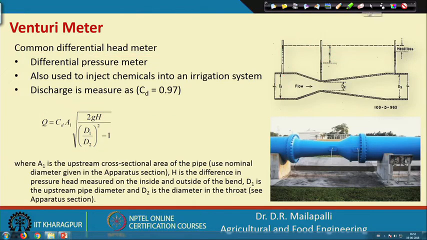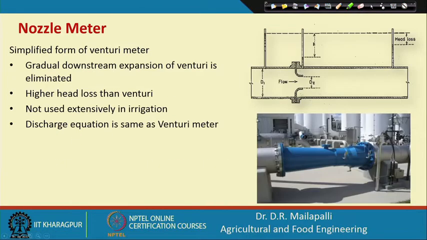The next pipe flow measuring device is the nozzle meter. The nozzle meter is a simplified form of the Venturi meter. The basic difference is that there are no converging or diverging sections.